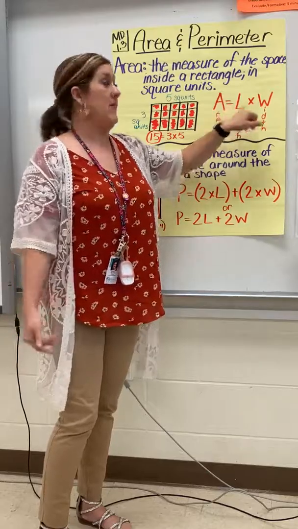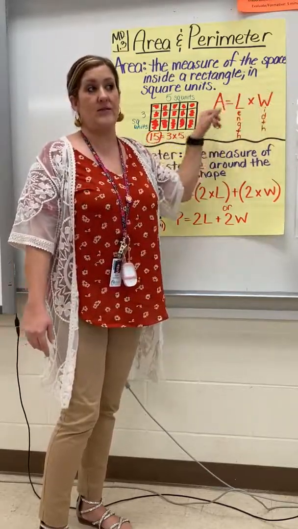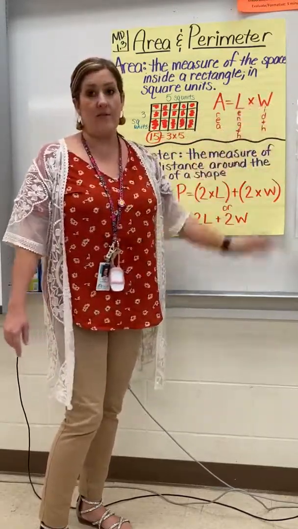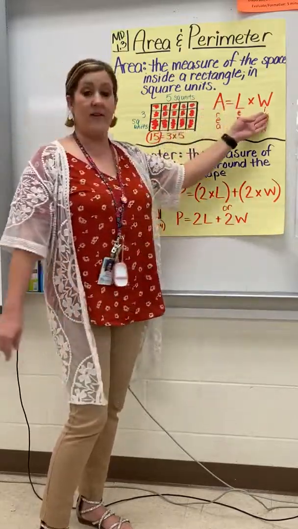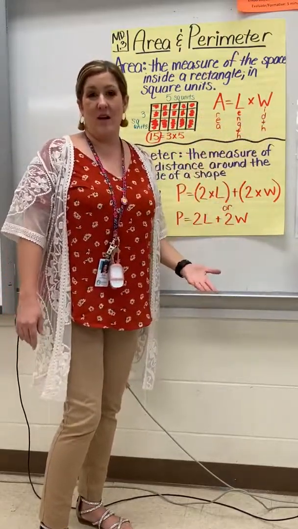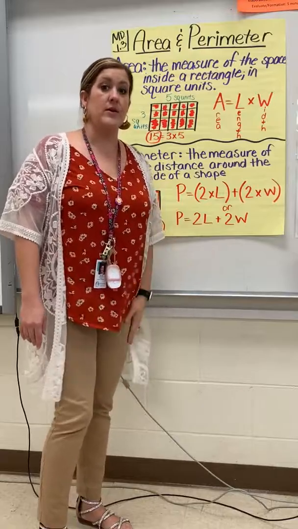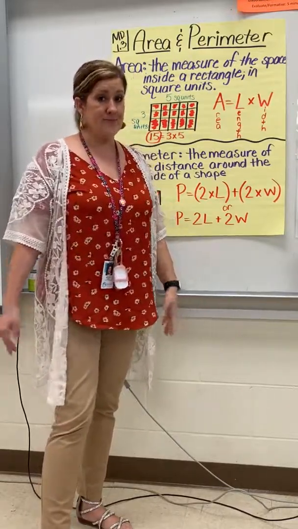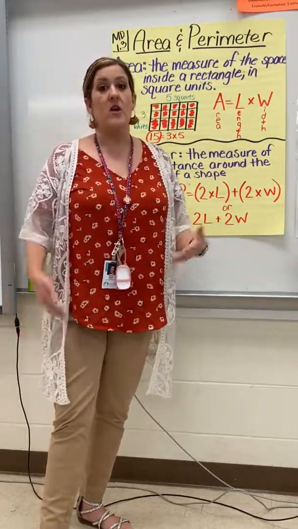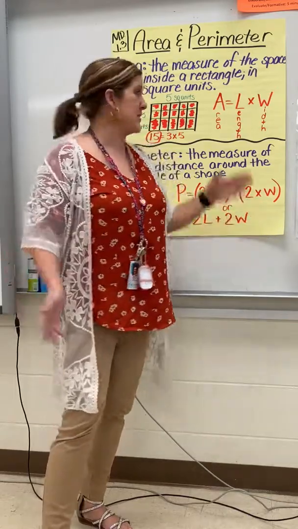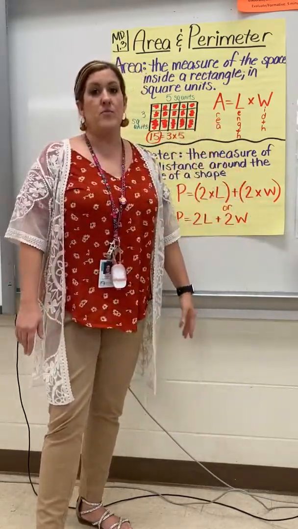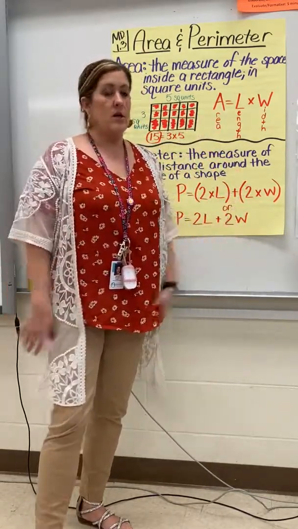So they would have a missing width, and they would have to use the formula to figure out that the width actually is 5. Okay? It's not as difficult with area. Perimeter gets a little bit more challenging. It also gets more challenging when the numbers get larger. This one's very simple for an example, but the numbers will get much larger.